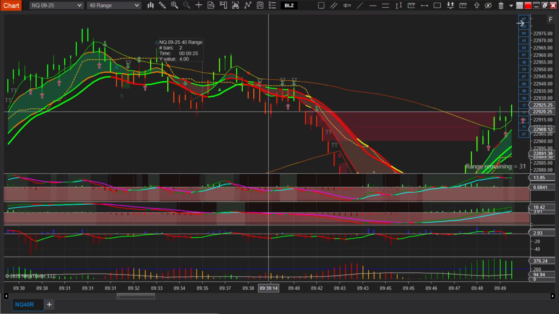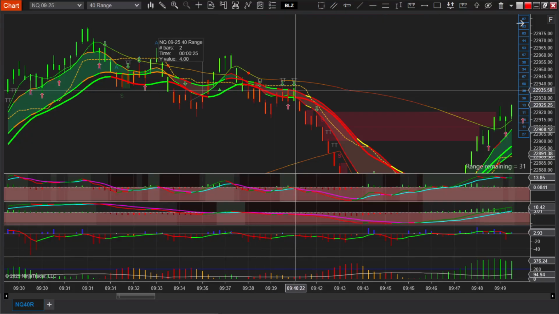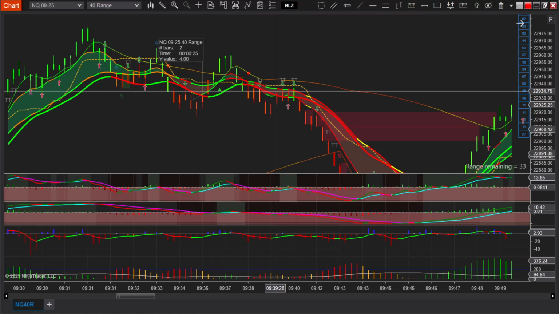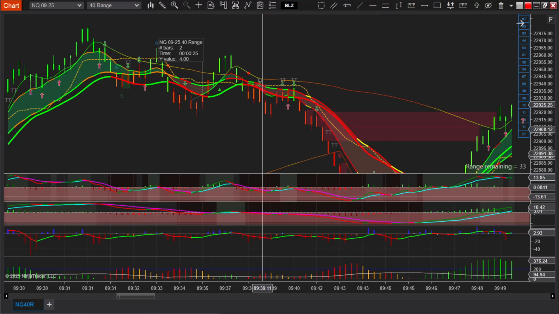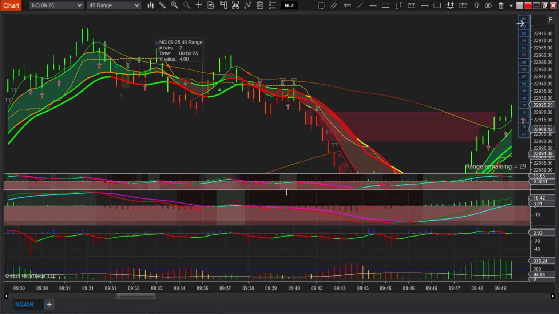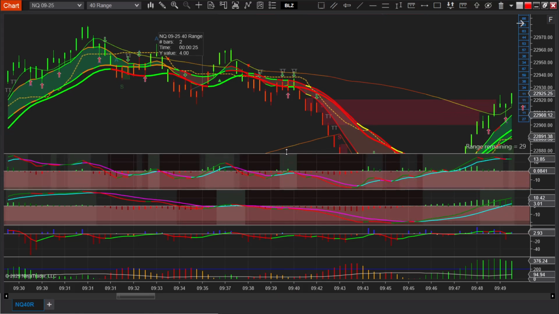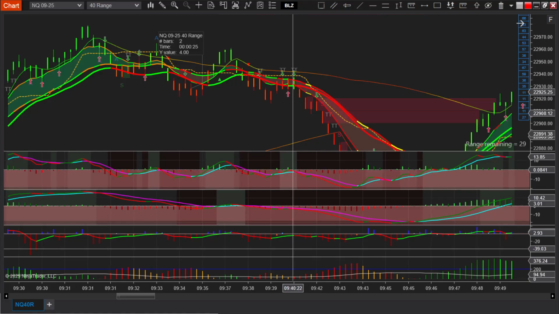But now let's look over here. We have another cross, pullback, a solid pullback. Now this pullback here, you see the arrows, and we're below the zero. We're below the zero here. We had a pullback on the standard. The MACD fast is crossing down.